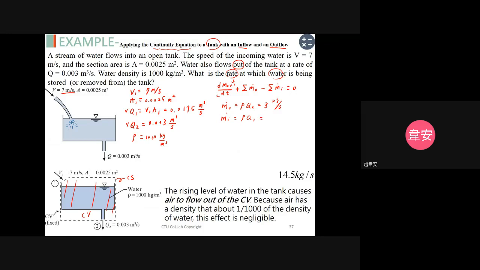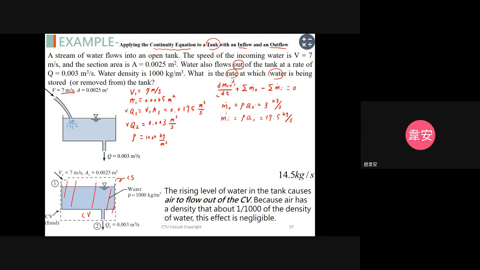And Q1 is 0.0175, multiplied by the density 1000, so it is equal to 17.5 kilograms per second.